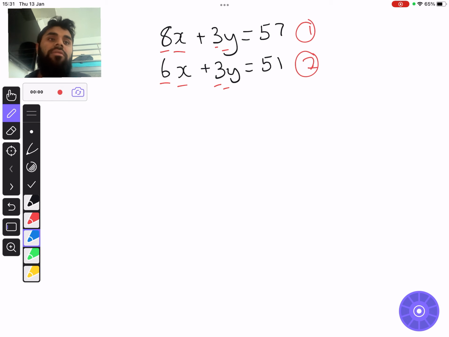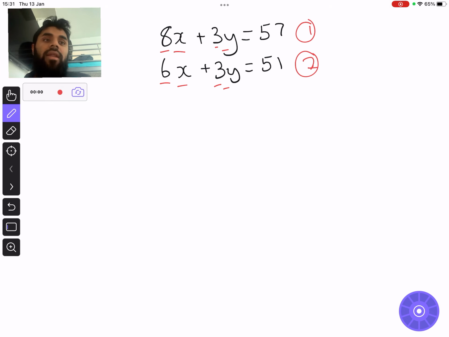We're going to eliminate those y's because they're the same. And how do we eliminate two positive y's? Well, we can subtract them. If we subtract those 3y's from each other, 3y minus 3y is 0. So we're able to get rid of that.